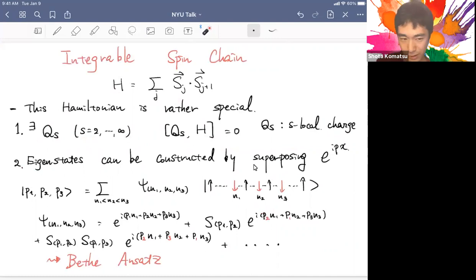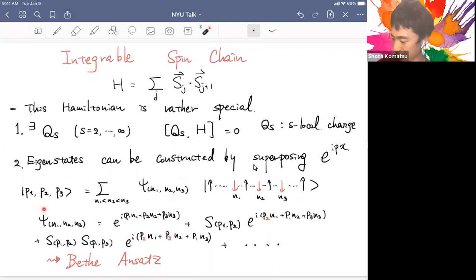And furthermore, it is known that the eigenstates of this Hamiltonian can be constructed by basically superposing plane waves. More precisely, by plane wave, I mean an expression like this. So I view the down spin as some excitation and then draw some plane wave expression.